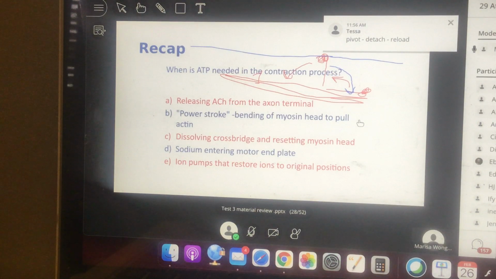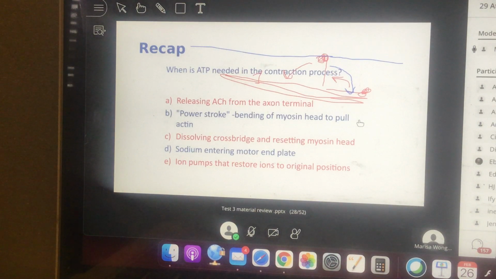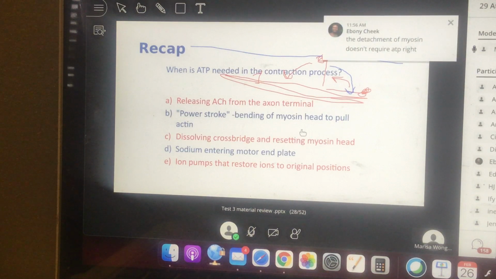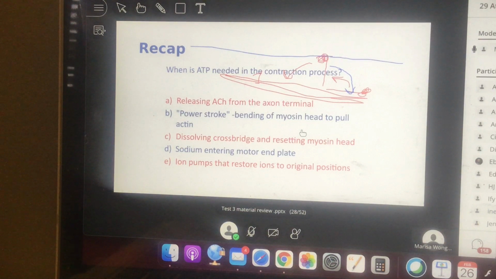Yeah, pivot, detach, reload is a good three-step thing. I don't have the lecture notes in front of me, but I would assume the wording is something along the lines of resetting the myosin head or recocking the myosin head. Detaching the myosin does require ATP, and the ATP just has to bind to it, okay? Something about proteins is that when things bind to them, they change shape a little bit.